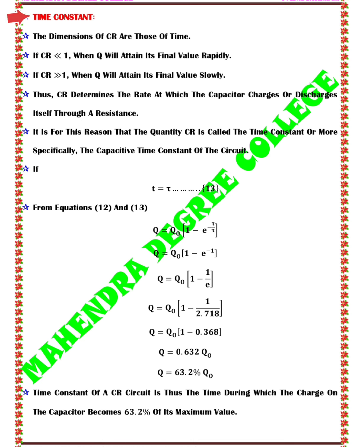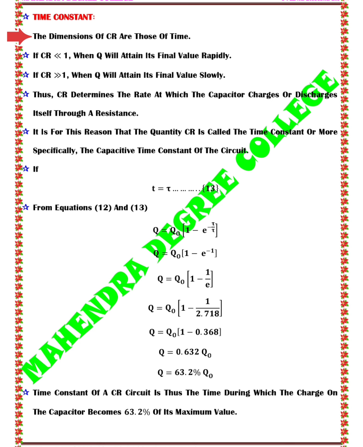Next, we discuss about the time constant. The dimensions of CR are those of time. It means the product of capacitance C and resistance R in a circuit, denoted as CR, has dimensions of time.